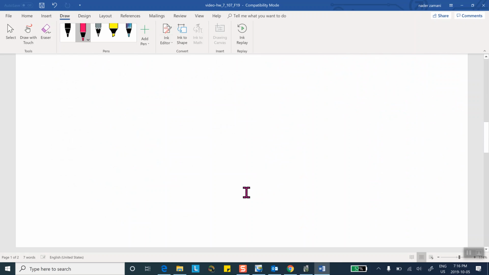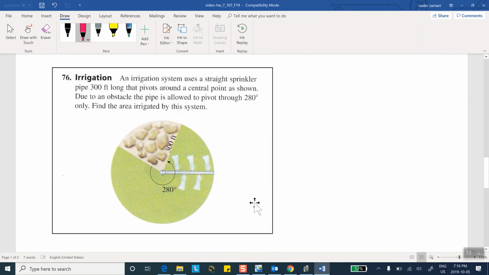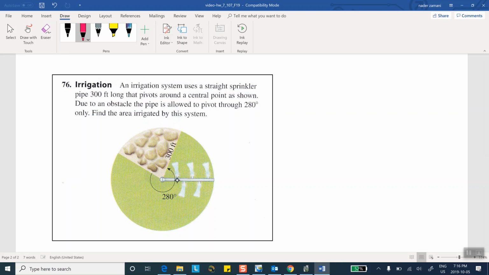Okay, that's this problem. The next one is here. It says you have a sprinkler system, and this angle is 280 degrees, supposed to irrigate this area. What is the area that it's actually going to be irrigating? So 1/2 radius squared times theta. So A is equal to 1/2.